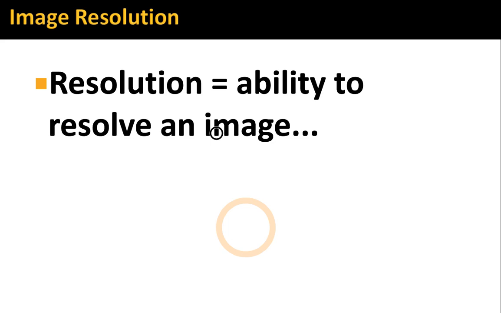I also want you to think about that resolution, especially when it comes to high resolution or low resolution, is the ability to resolve an image. And this is what I mean. If you take a look at this, you can clearly tell that this is the Mona Lisa, and it's because we're looking at this image in a high enough resolution that we can tell what that image is.